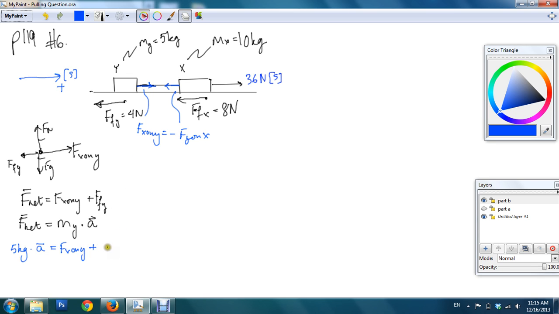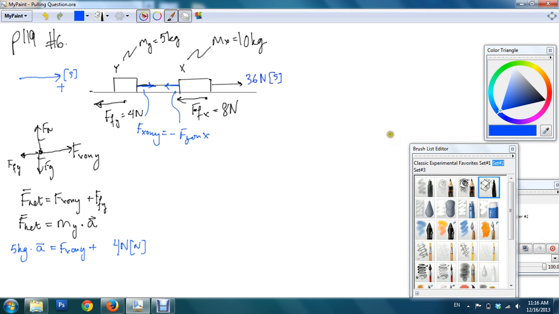I can write this as 4 newtons north, but I don't want to have to deal with these brackets here. I'm just going to say south is positive, north is negative. So I'm going to erase that, and say that this is minus 4 newtons.